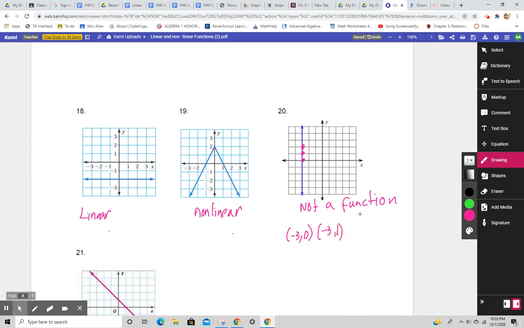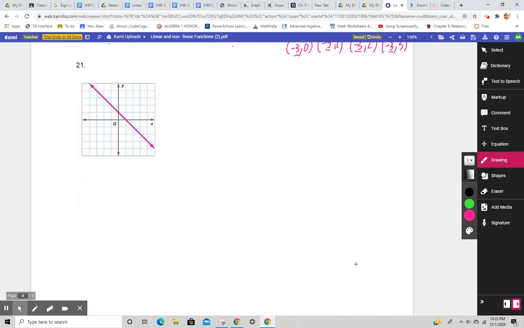This point here is located at -3, 2. This point here is located at -3, 3. Do you see how the x is repeating itself? The same x value is paired with multiple y values. So this is not even a function. Okay? All right, let's go to the next one.